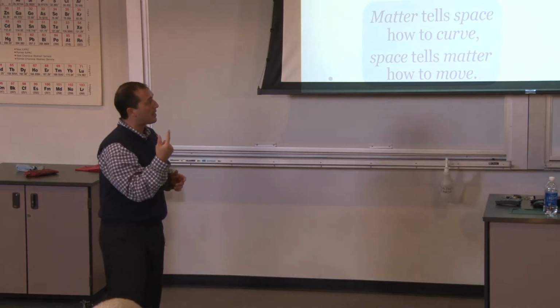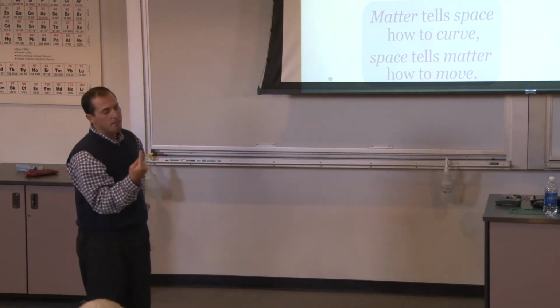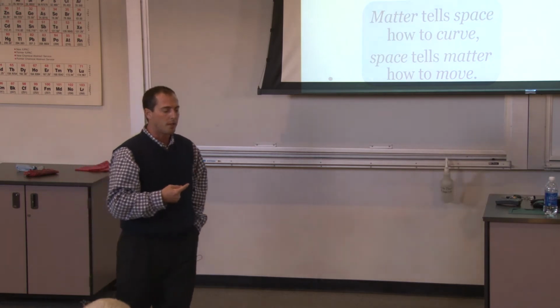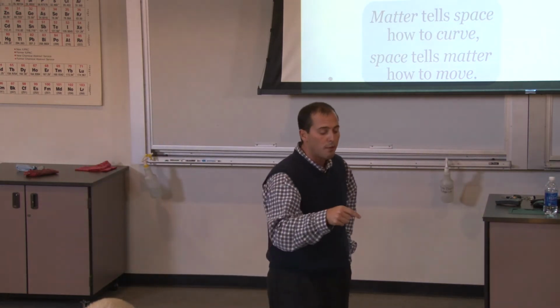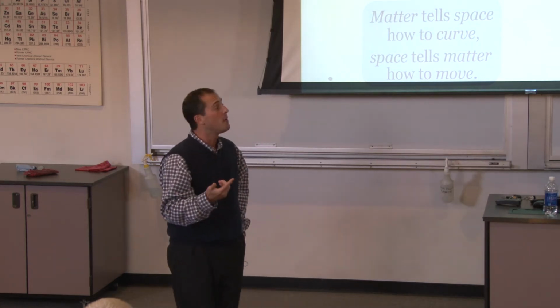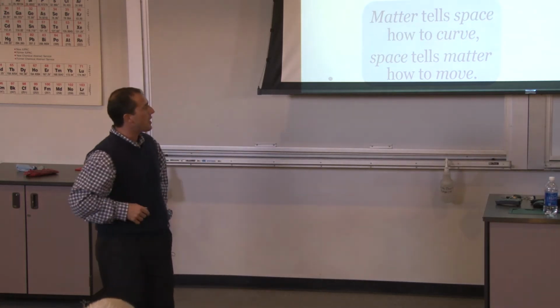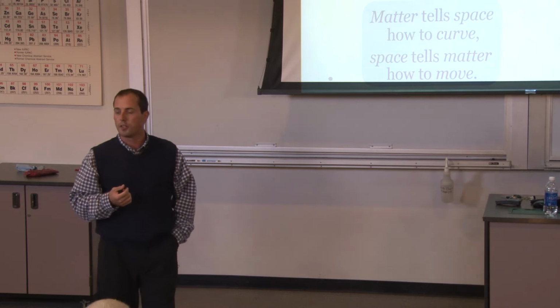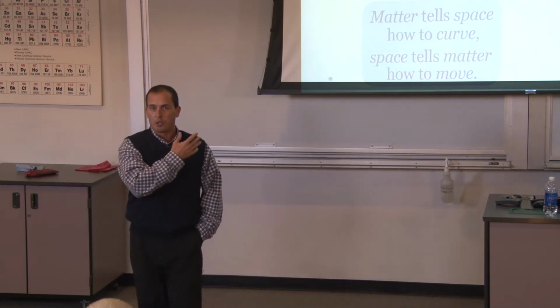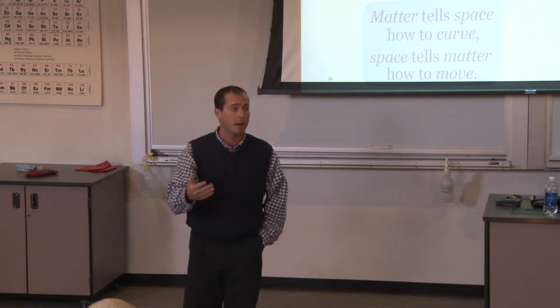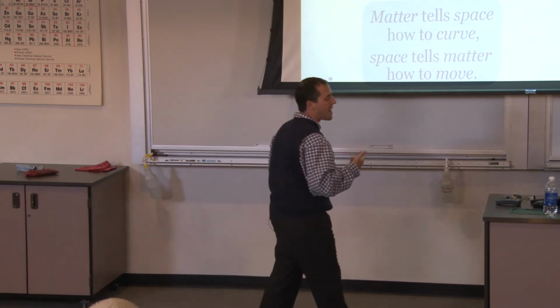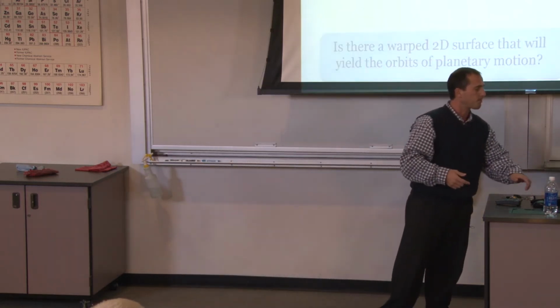That mass causes the fabric to warp, and the analogy is then drawn to planetary orbits being due to the planets moving in a warped space-time. That's effectively the analogy that's often used in general relativity. So the essence of this talk is to probe this conceptual analogy. We're working out the physics behind the analogy that's often used.